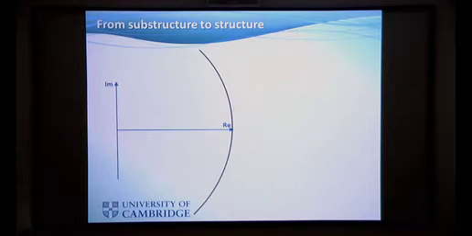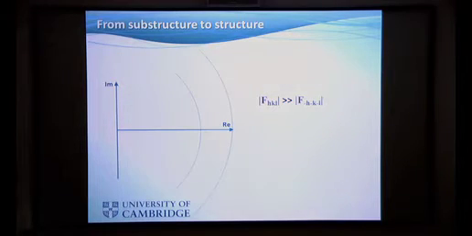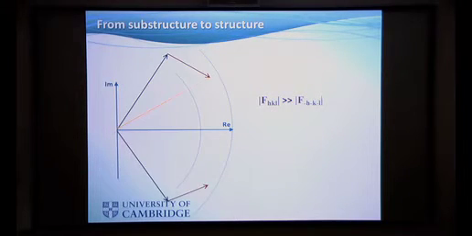To make it more clear, we have a measurement. We know the length because we know the intensity of two Friedel mates. But we don't know their phase. However, if we observe that the absolute of FHKL is much bigger than the absolute of its Friedel mate, then that must mean that we have a situation like this.